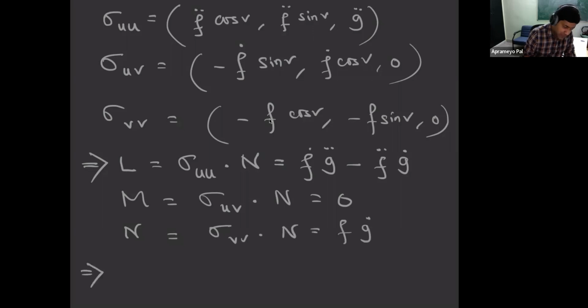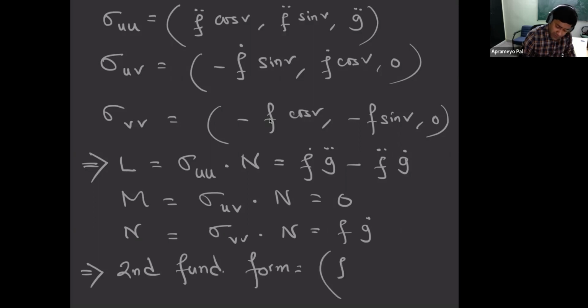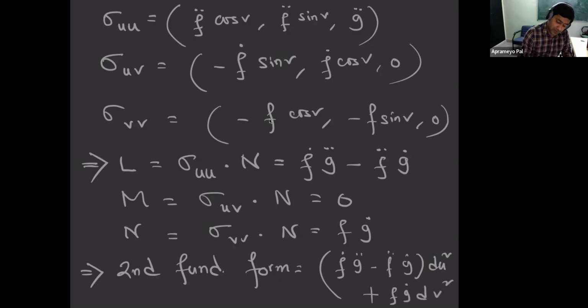So this gives us the second fundamental form: L is the first coefficient, f dot g double dot minus f double dot g dot, times du square, and then M, the mixed term du dv, is 0, and then finally we have f g dot dv square. So that's the whole expression.